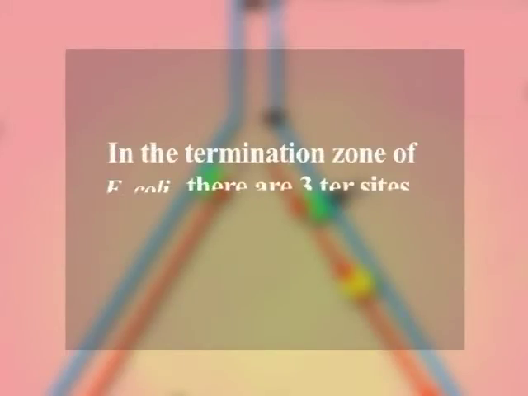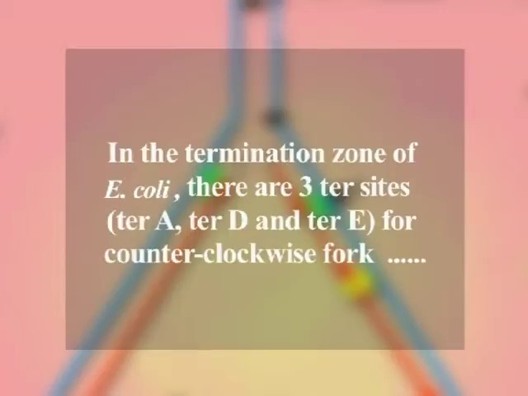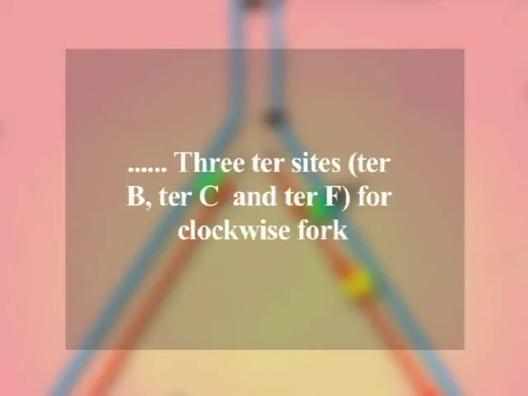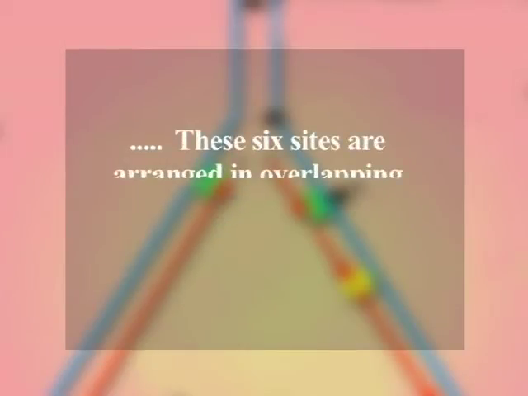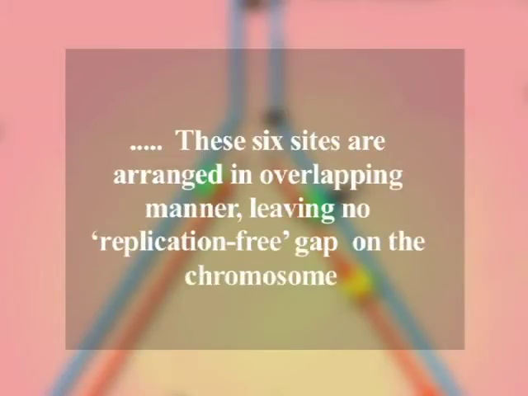There are three termination sites, termination A, termination D, and termination E for the counterclockwise fork, and three termination sites, termination B, termination C, and termination F for the clockwise fork. These six sites are arranged in an overlapping manner, leaving no replication-free gap on the chromosome.